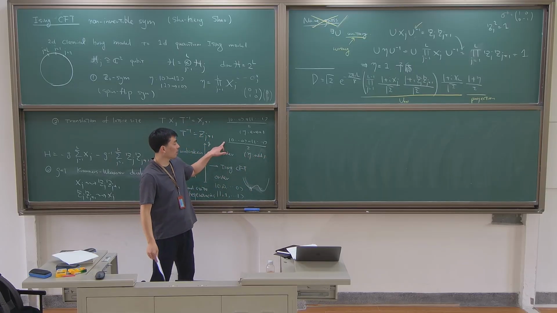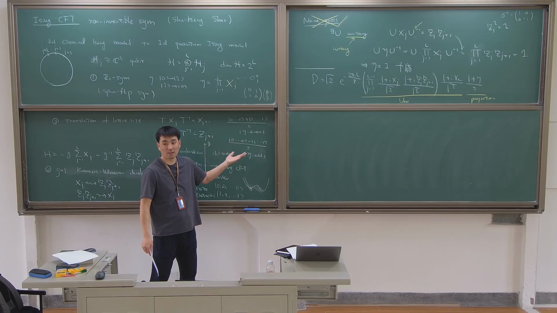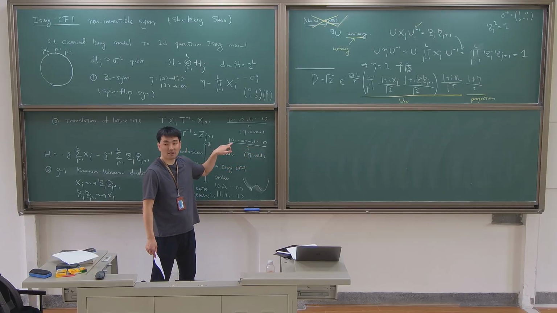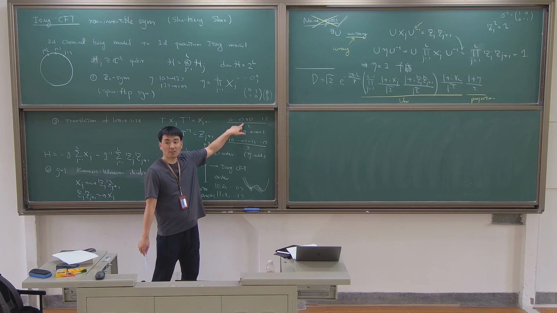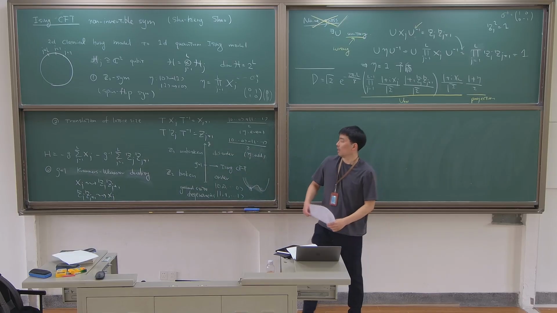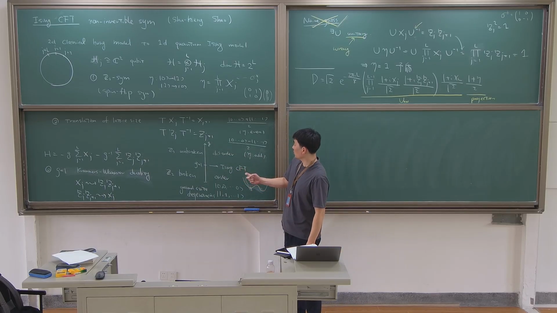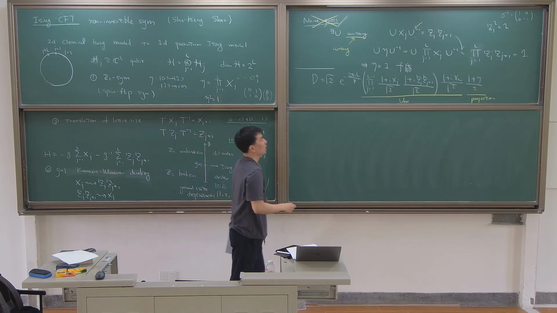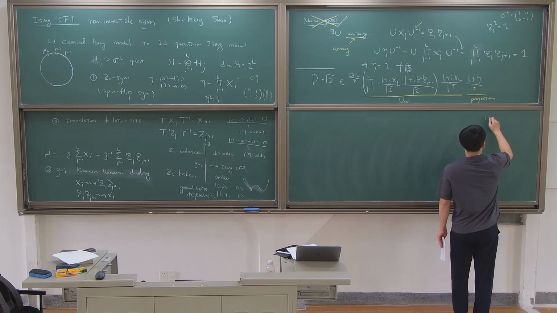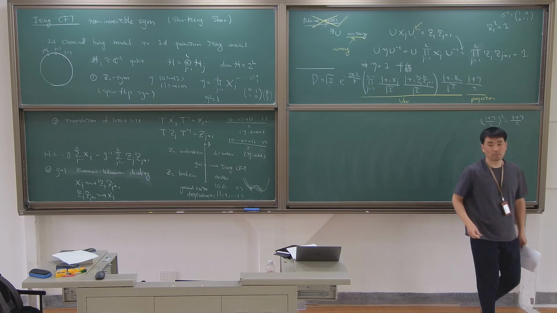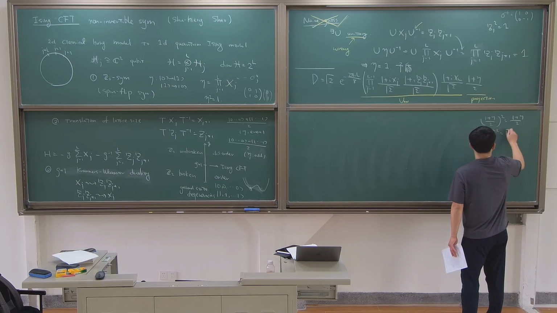You can easily see if you act with eta, this 0, 0, 0 becomes 1, 1, 1, and the 1, 1, 1 becomes 0, 0, 0. So you have a negative sign, therefore it's odd, but here it's even. So this (1 plus eta) is a projection so that it only picks the even state. Of course, eta squared is equal to 1. You can check that ((1 plus eta) over 2) squared is equal to (1 plus eta) over 2. That's the property of a projection operator.